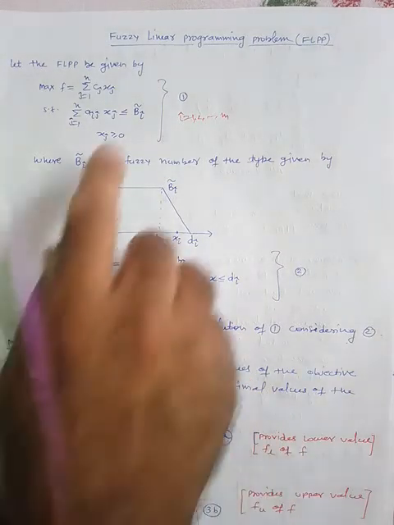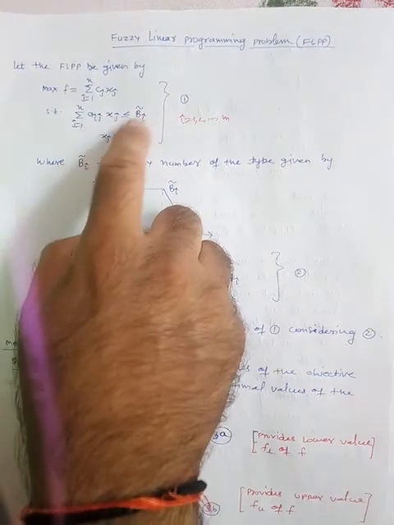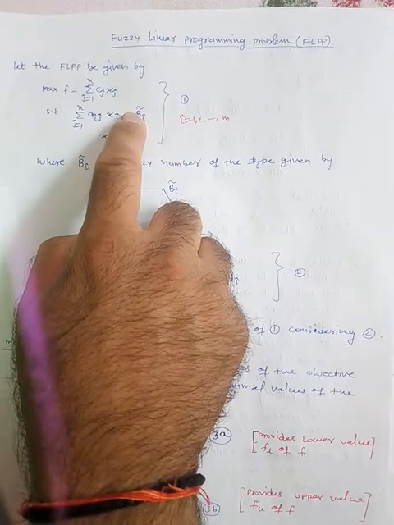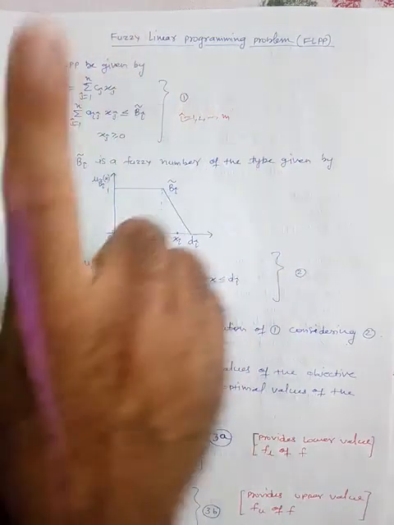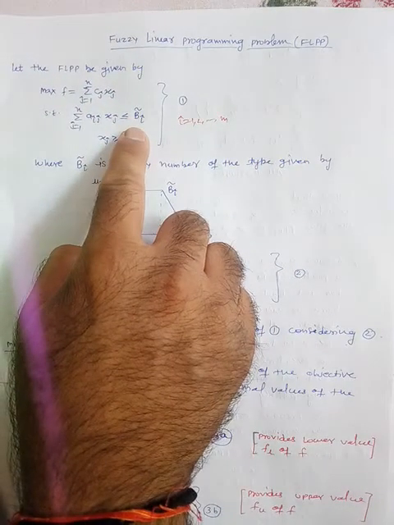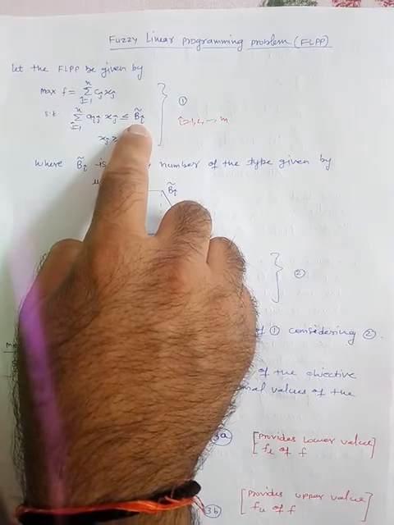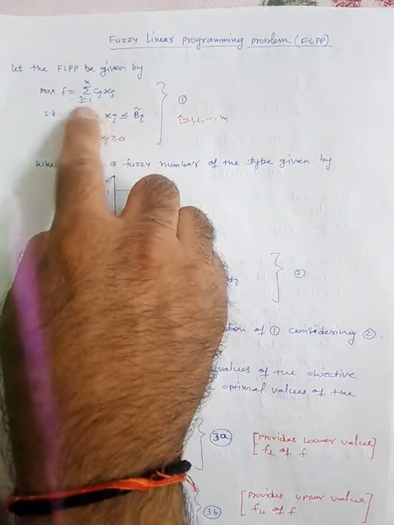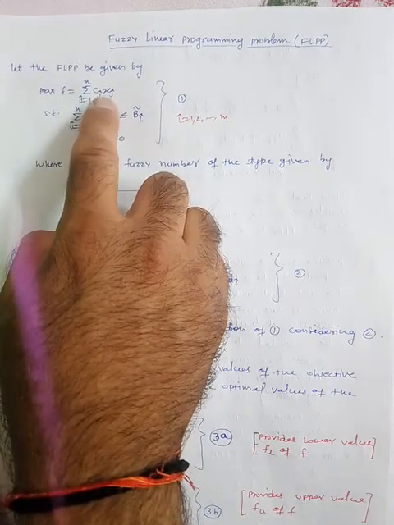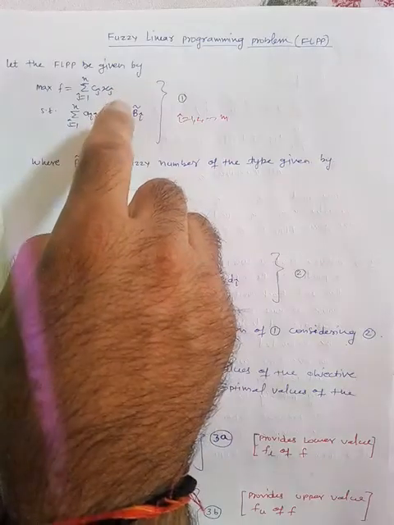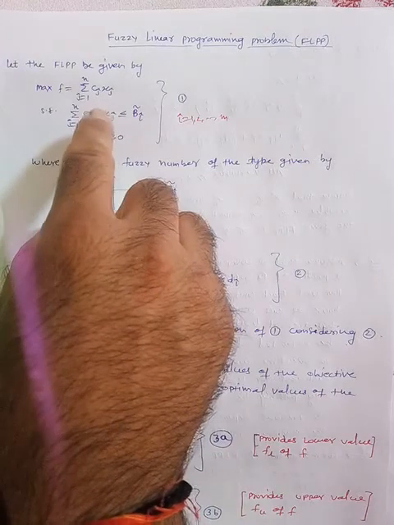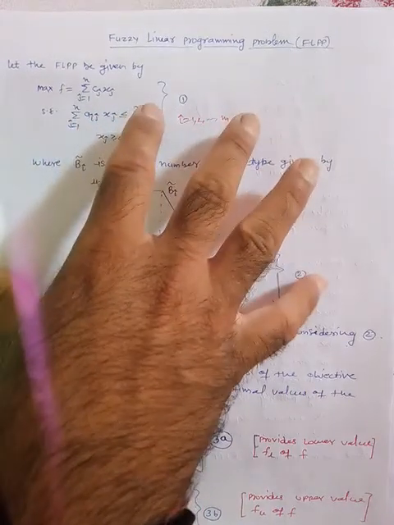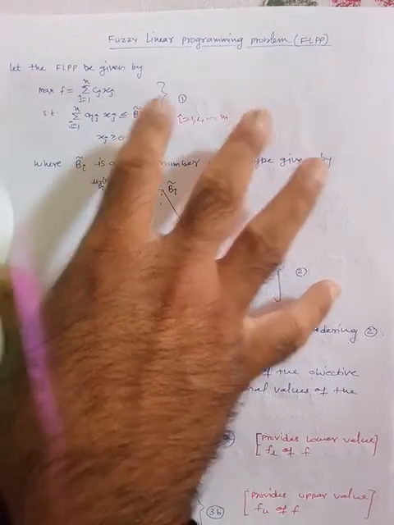So sometimes the inequality may also be in fuzzy form. Here we discuss only the one type of problem where bi is a fuzzy number. We are not discussing the cases where the inequality is fuzzy, aij is fuzzy or cj is fuzzy, but you may see those problems in various books on fuzzy linear programming.